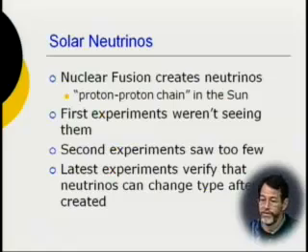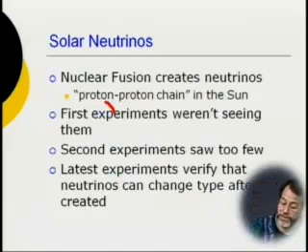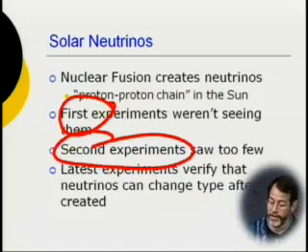So they built these expensive neutrino detectors. They didn't find anything. They didn't see anything. So either the sun wasn't producing nuclear fusion in the way they thought, or it wasn't producing neutrinos in the way was thought. So they made even more sophisticated experiments, second experiments.